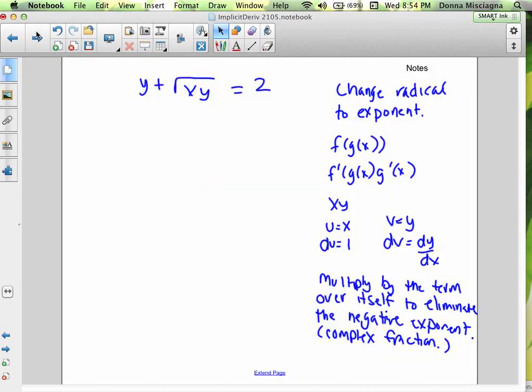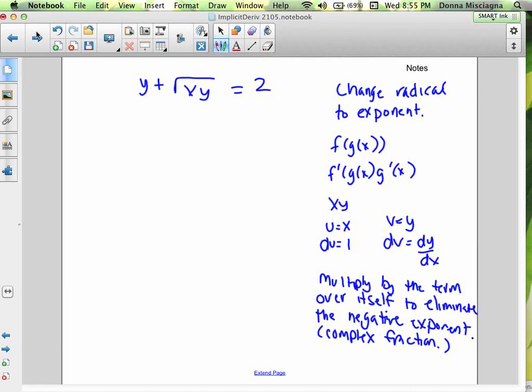This one's in your notes, right? So this is kind of similar where we're going to need to do a chain rule. And as a reminder, when you've got a function within a function, you take the derivative of the outside, and then the inside doesn't change, right? The g of x part doesn't change. And then you take the derivative of the inside, the g prime of x, right?